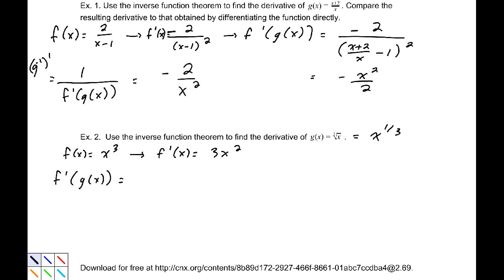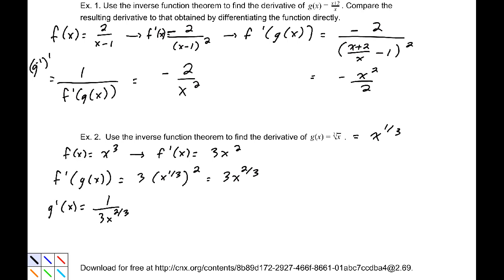our x to the 1/3, so that would be 3 times x to the 1/3 squared, which is 3x to the 2/3. And then the derivative of g, which is the 1 over, so g prime of x is 1 over 3x to the 2/3.